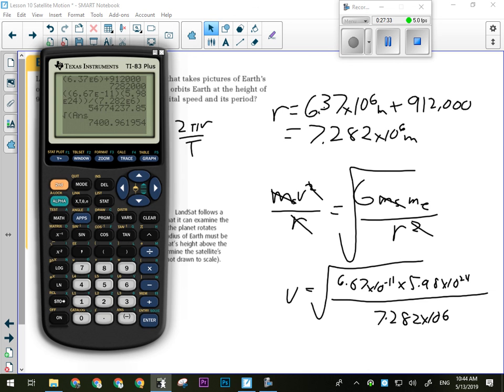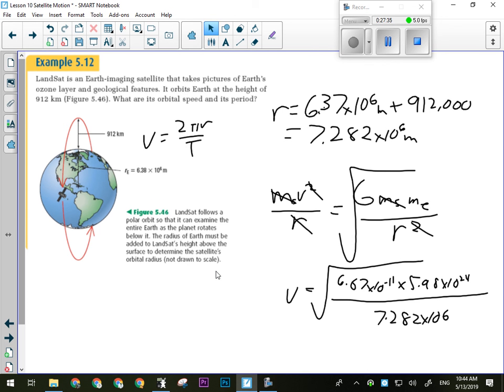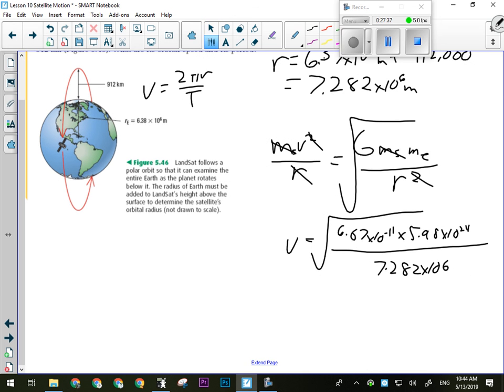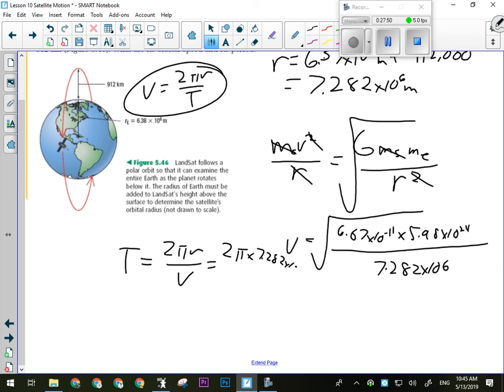Now, if I want to calculate the period, like we said, because of the way this one is set up, I can just use this formula and manipulate for period. So period will be 2 pi r over v, and I just plug in my numbers. So 2 times pi times 7.282 times 10 to the 6 divided by 7,400.